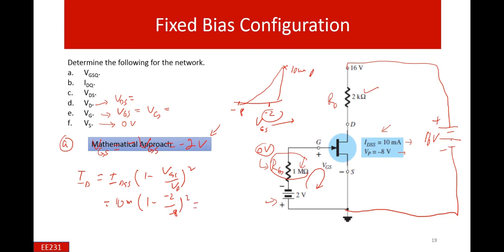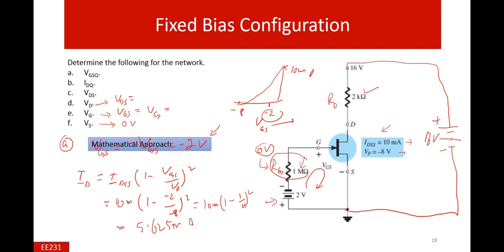If we calculate these values, it is equal to 5.625 milliamperes. Actually, it is 10 milli times 1 minus 1 by 4 whole square, and definitely we can find these values.